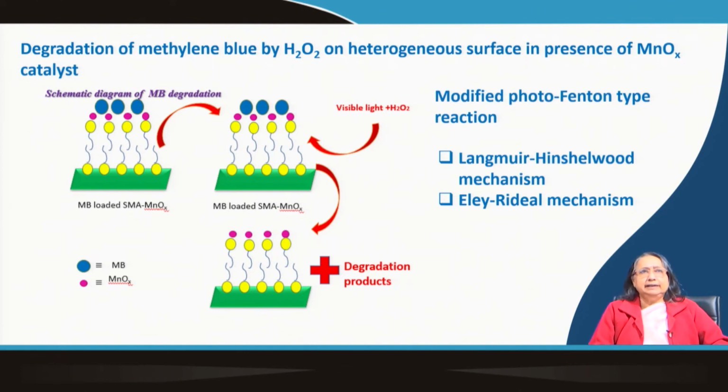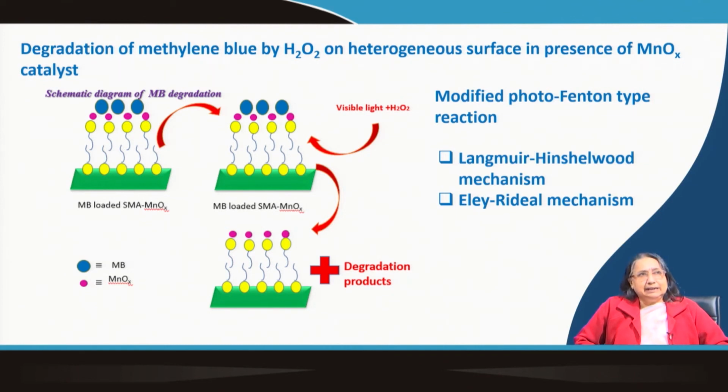For any heterogeneous catalysis, mostly these two types of mechanisms are proposed. Okay. I hope you have understood the difference between these two. Anyway, what we have seen here is that the micelle can be used as an adsorbed phase to get the catalysis.